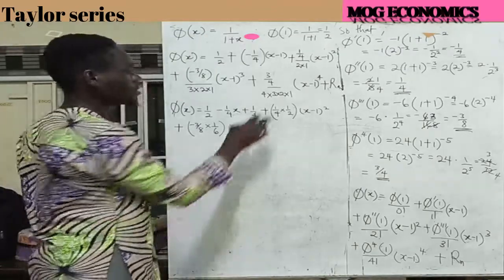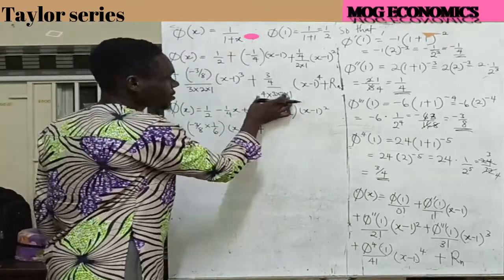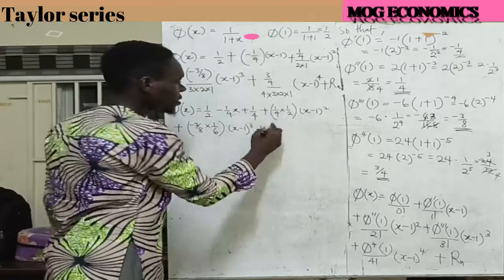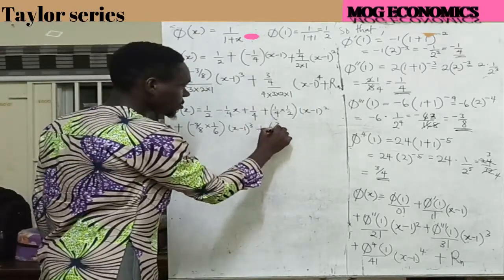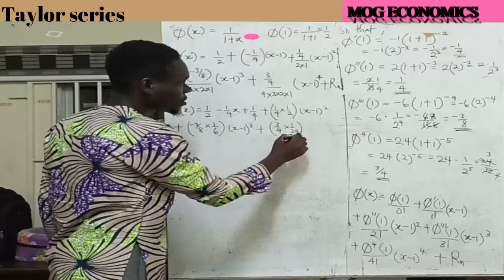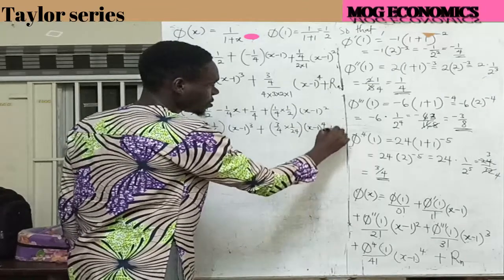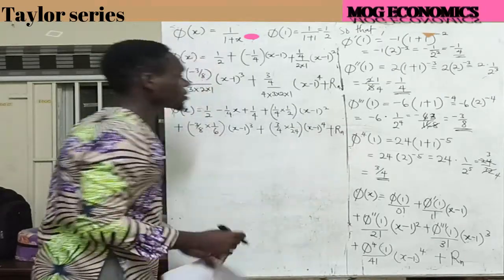Plus, from here 4 times 3 times 2 times 1 is 24, and this becomes 24.